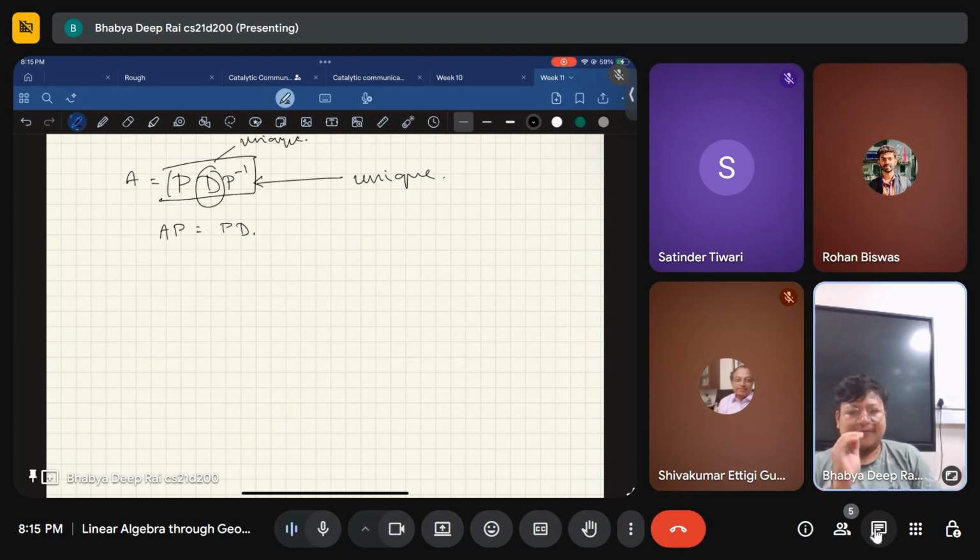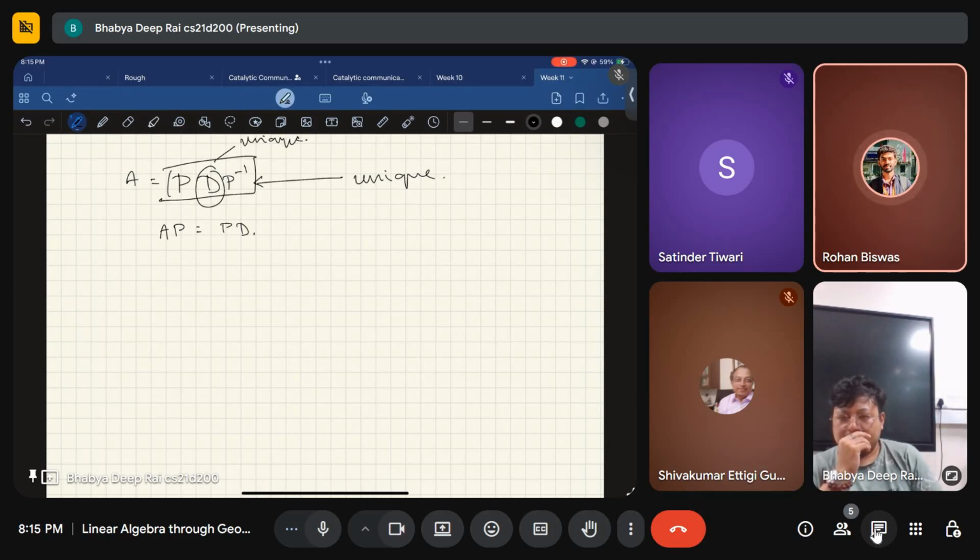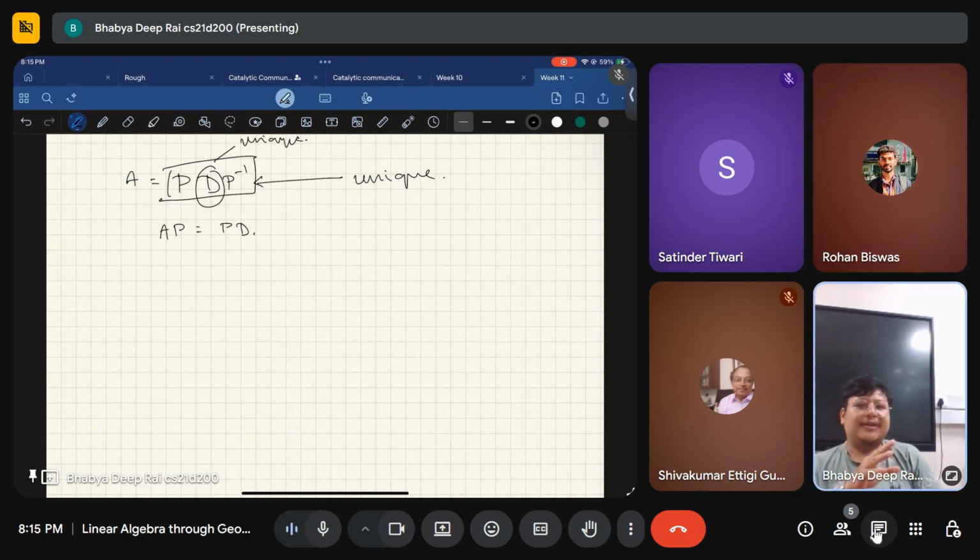But I was thinking, what if you change the vectors in P and then think about uniqueness in that regard? That is how I had interpreted your question. Okay. Let me understand you better. So you're saying if I change vectors in P, by what? So I change the vectors in P by linearly independent columns. Okay, first of all, I say A has this particular diagonalization, that is PDP inverse, where P is unique.